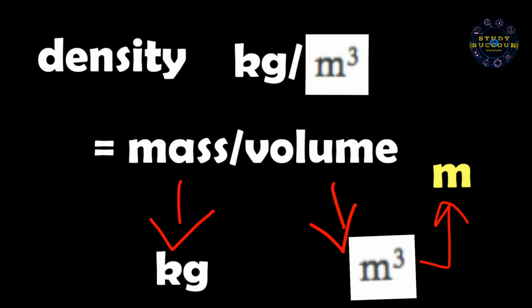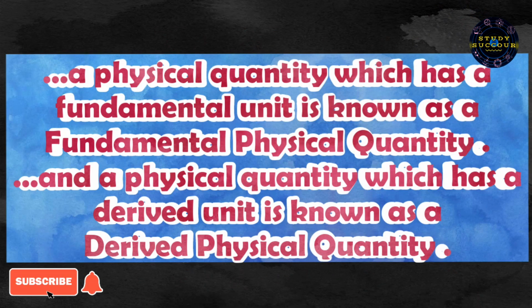So by this we obtain density. A physical quantity which has a fundamental unit is known as fundamental physical quantity, and a physical quantity which has a derived unit is known as a derived physical quantity.